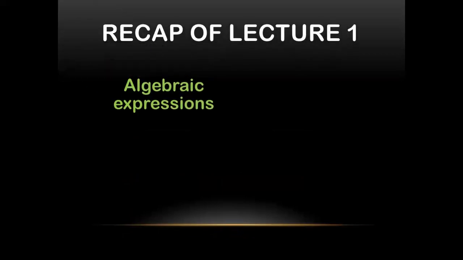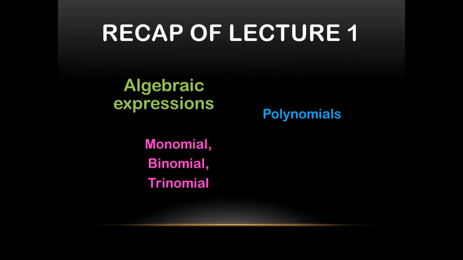In the previous lecture, let's have a recap. We have studied about the algebraic expressions. We have studied about the monomials, binomials, trinomials, and the polynomials, and then we solved question number 1 of exercise 5a. Algebraic expressions are made by connecting the variables and the constants by different algebraic operations of addition, subtraction, multiplication and division, and they can have some coefficients as well.